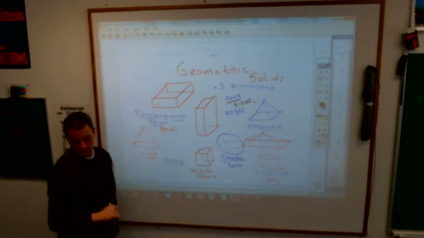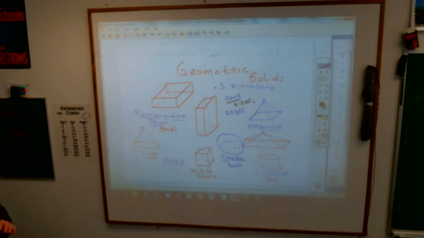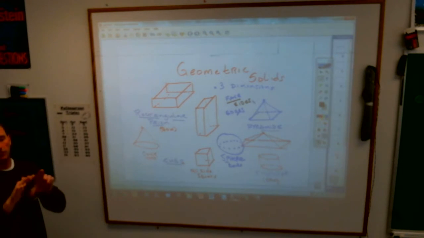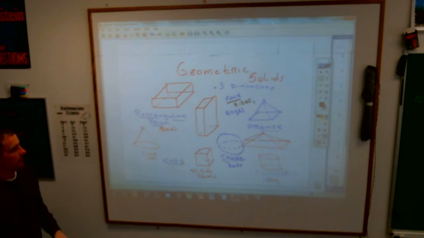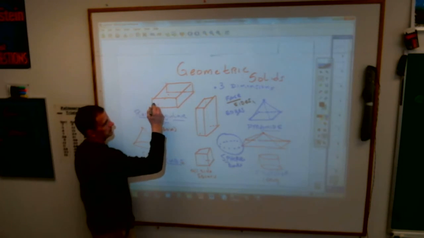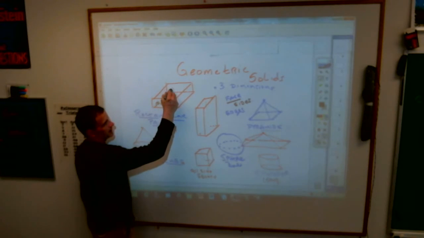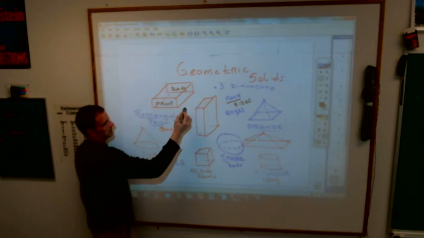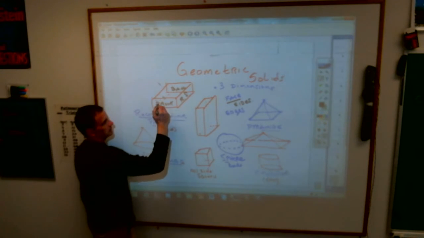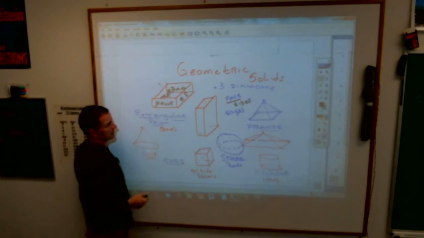So if you looked at a rectangular prism and I asked you how many faces it has, this has 1, 2, 3, 4 going around this way, 5, 6 front and back. All rectangular prisms have 6 faces. You've got this front face, and you've got a back that's the same. You've got this right side face and this left side face over there. Then you've got this top, and you've got the bottom that's over there. 6 faces.